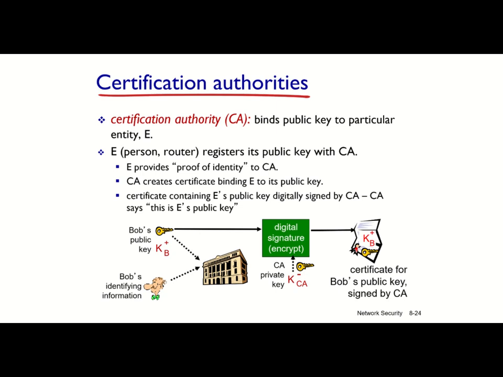Anyone who wants to see what's inside the signed message can apply the public key of the certification authority to the encrypted data in order to decrypt it and see that the certificate is genuine, and it contains the information which proves that entity E, for example, has a specific public key.